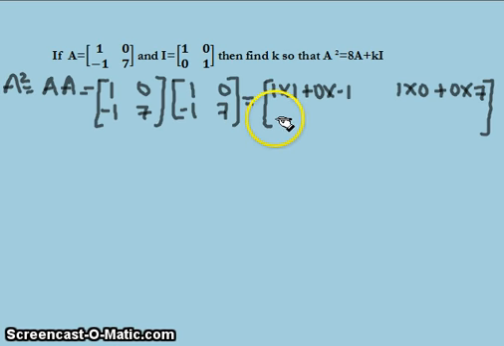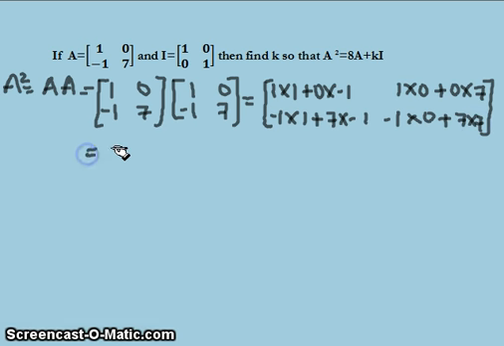The second element of the first column is minus 1 into 1 plus 7 into minus 1, and the last element of A square would be given as minus 1 into 0 plus 7 into 7.